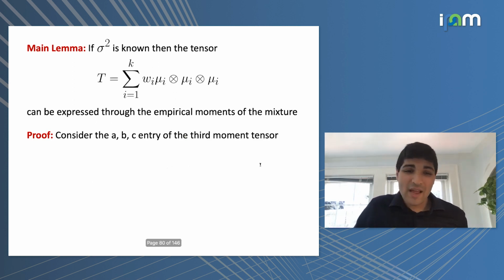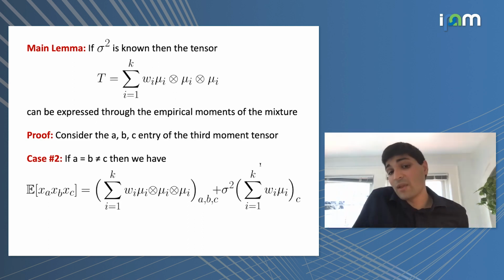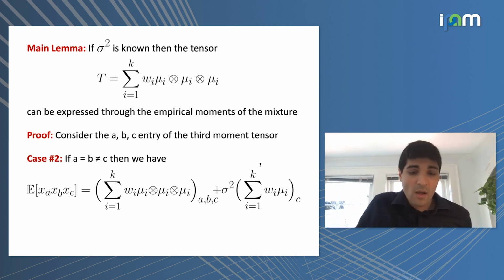Now, things are slightly more complicated when you have repeated indices. What if I repeat a single index? So A equals B, but that's not the same thing as C. In that case, what ends up happening is that you're really taking a second moment of some coordinate. So you don't quite get the ABC entry, but you get some sort of extra correction term that depends on the variance of the noise that you're adding.